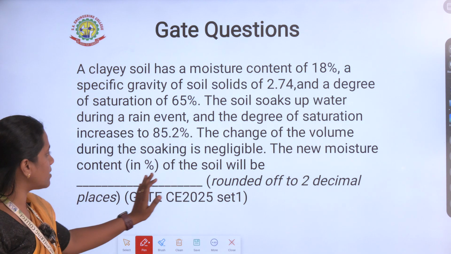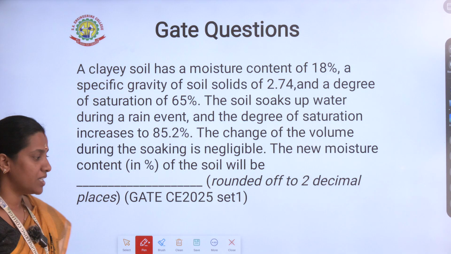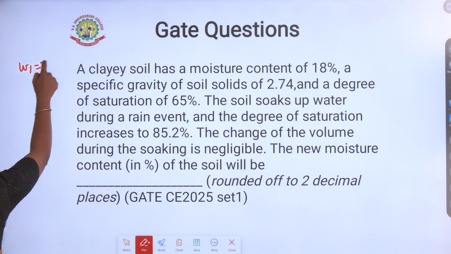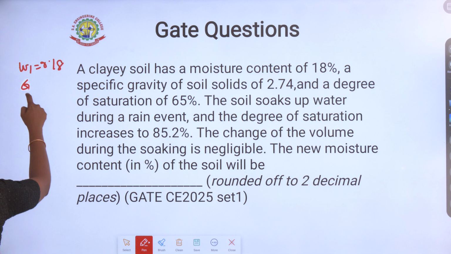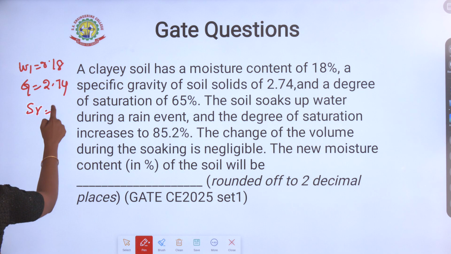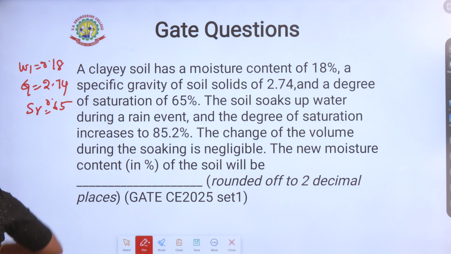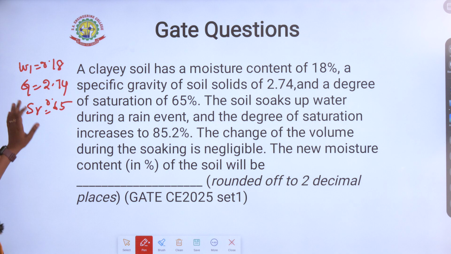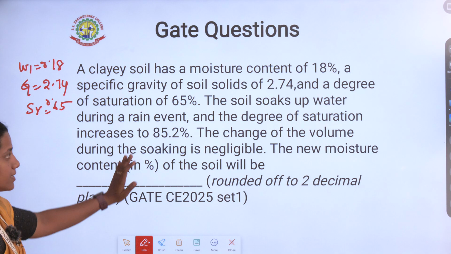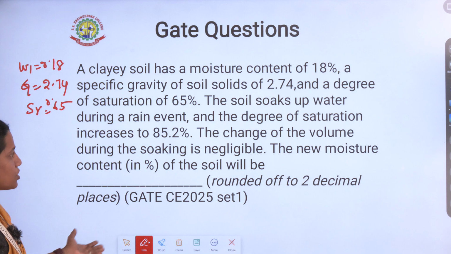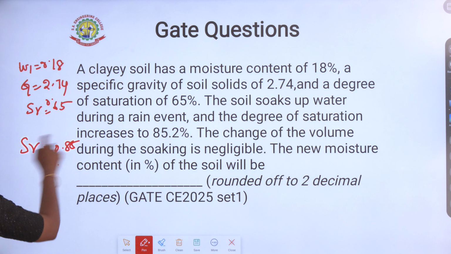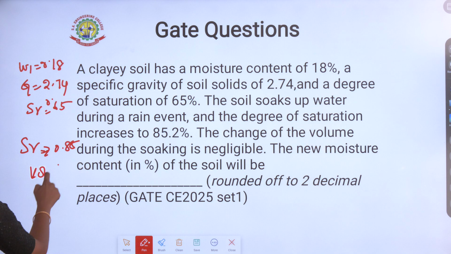The initial moisture content W1 is 0.18, the specific gravity G is 2.74, and the degree of saturation SR is 65%, which can be written as 0.65. This is the initial soil condition. After the rain, the SR value becomes 0.85, but the volume remains the same.